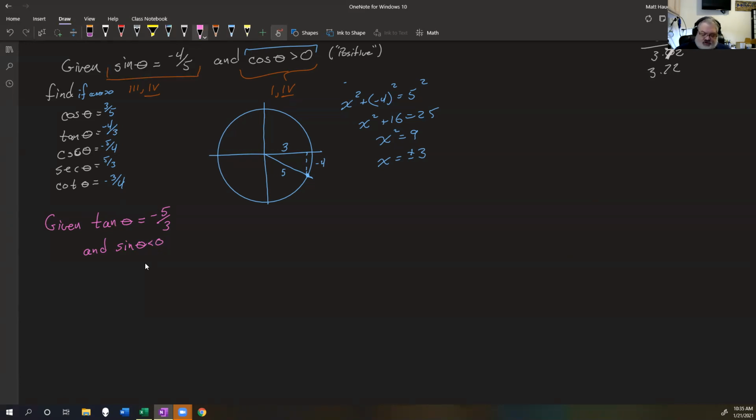Sometimes in these, you can be told the quadrant directly, like tangent of theta is negative 5/3 in quadrant 4. It's nice when that happens. Here we're being told whether the sign is positive or negative to imply the quadrant, as opposed to being told directly. But given that, find the cosine of theta, find the sine of theta.